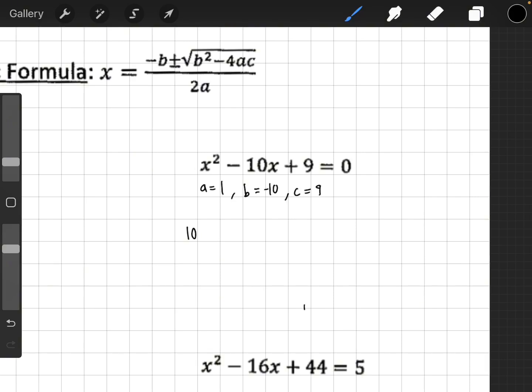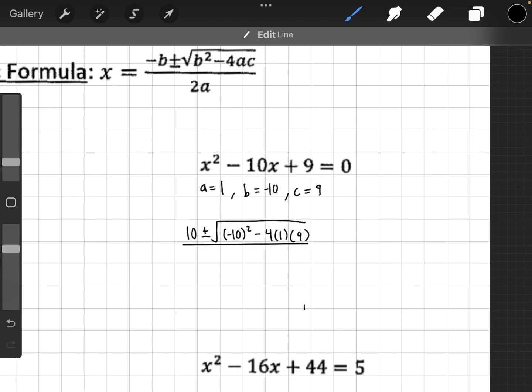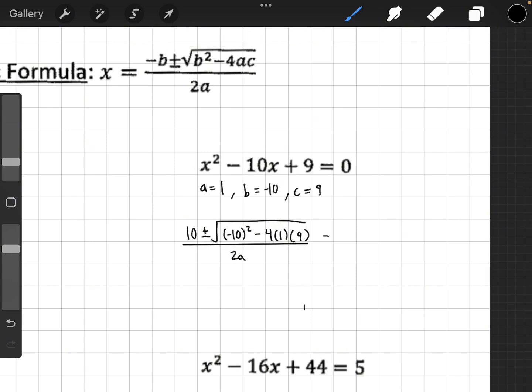Negative times negative is positive, plus or minus the square root of b squared, negative 10 squared, minus 4ac, over 2a. This is equal to 10 plus or minus the square root of 100 minus 4 times 1 times 9, 36, over 2.